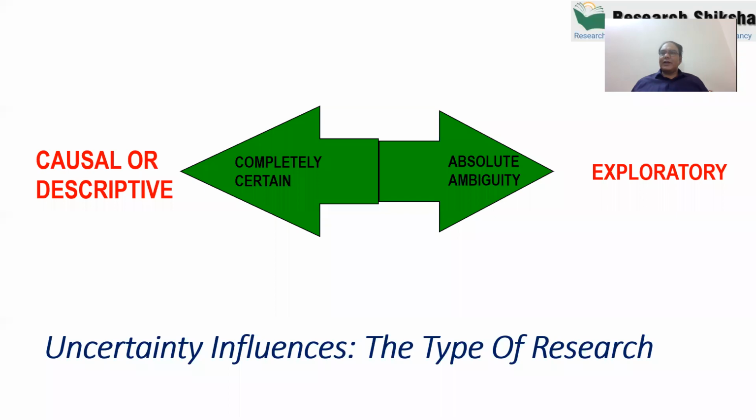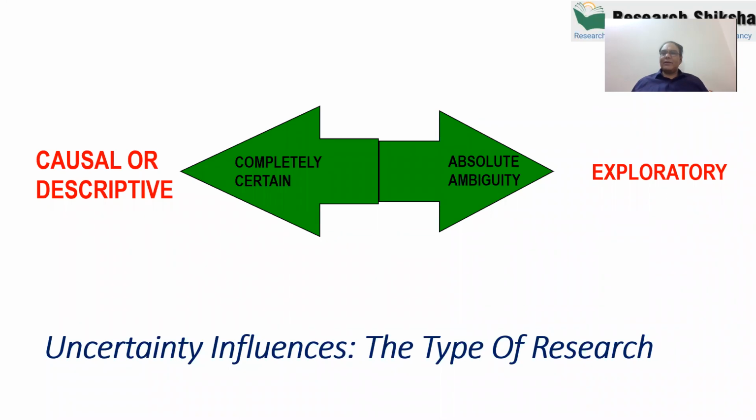After exploratory study, the research problem will be clear. So whatever research you are doing before submitting the research proposal or synopsis can be considered an exploratory study, because after this study the problem will be clear.